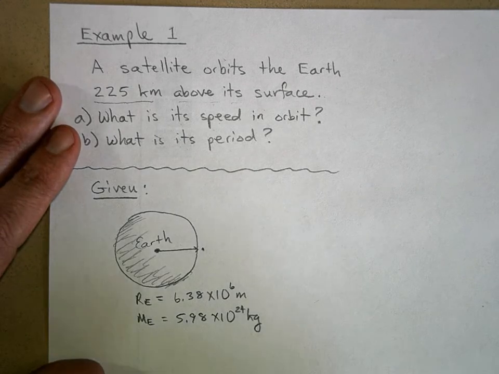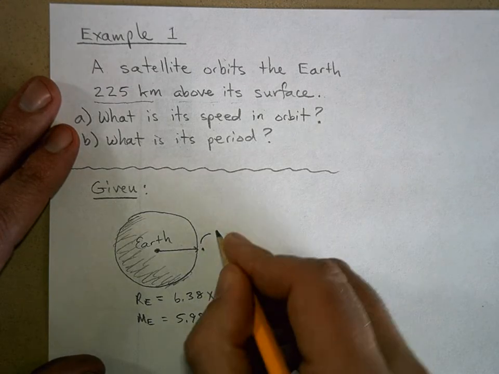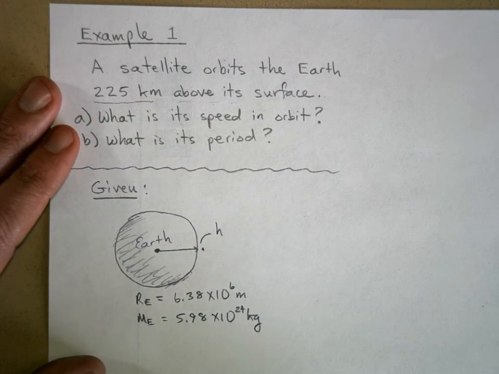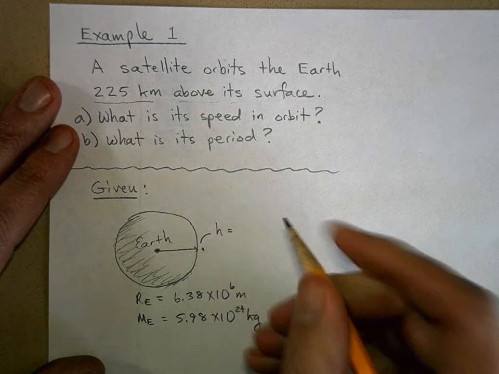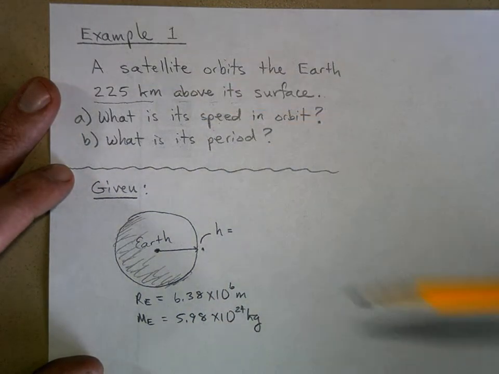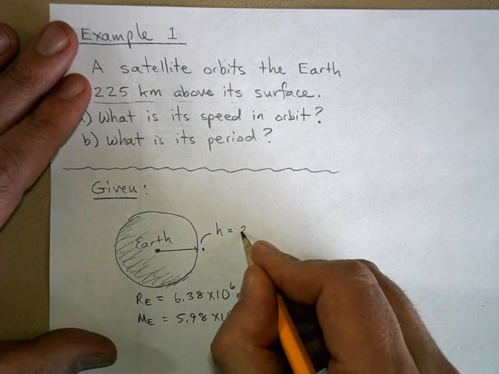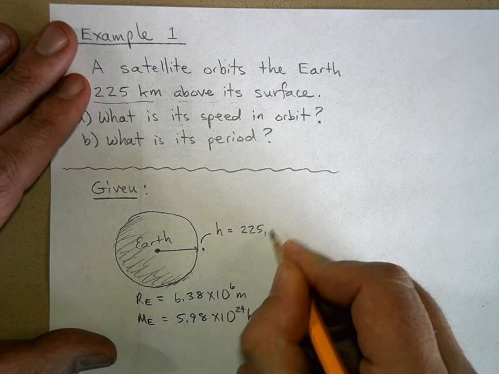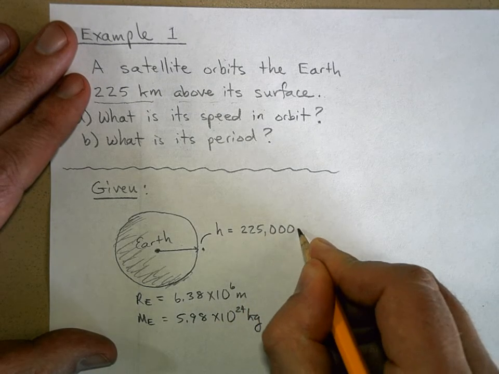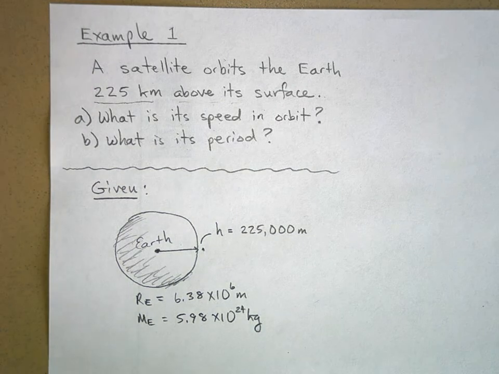So I'm going to call this H. H means our height above the surface. And I'm going to change this 225 kilometers because it's in kilometers. What do we want it to be in? We want it to be in meters. So I'm going to call it 225,000 meters.